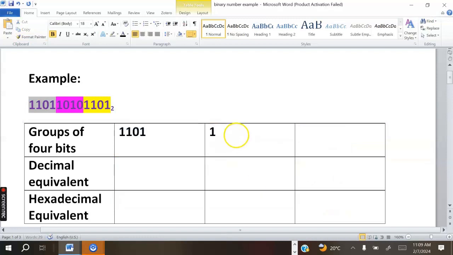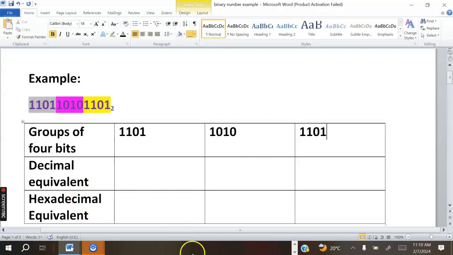Then 2 we have 1010. Then we have 1101. So step number 1, as usual, is to write down the number in a group of 4, which we have already done. The next step is to get its decimal equivalent.